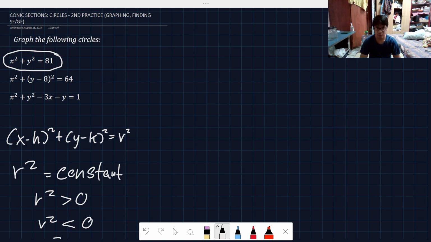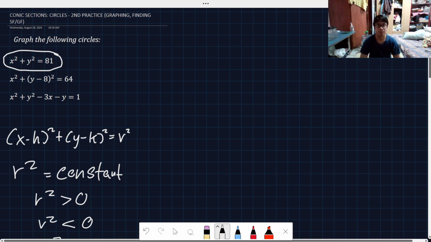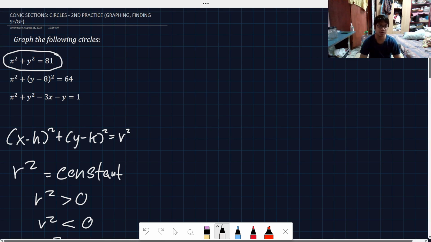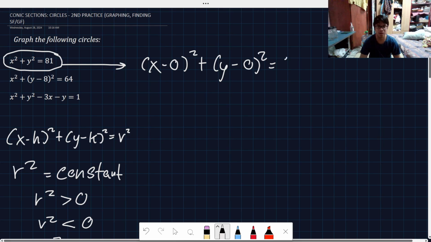The answer is yes, it is in standard form. You may be thinking there's no parenthesis and squared on it, so how is it in standard form? Well, we can rewrite this as the quantity x minus 0 squared plus the quantity y minus 0 squared is equal to 81. See? So this is in standard form.